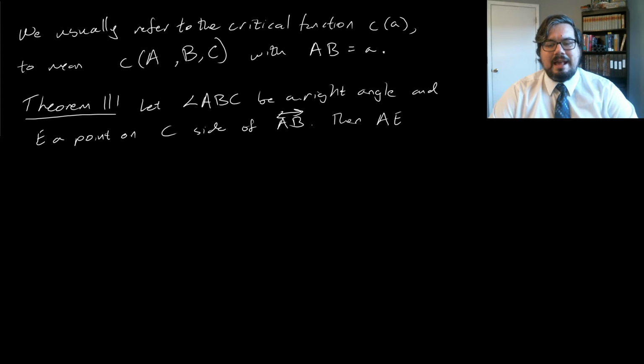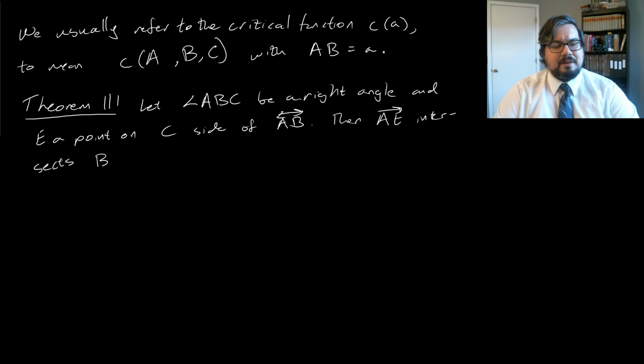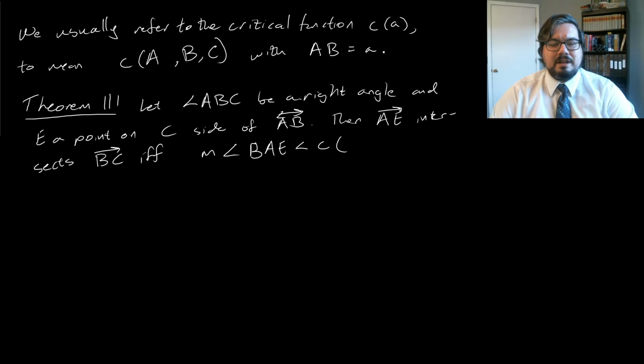Then the ray AE intersects the ray BC if and only if the measure of angle BAE is less than the critical number of the length AB.